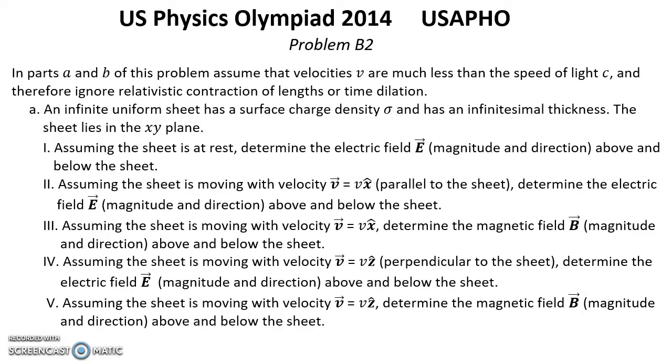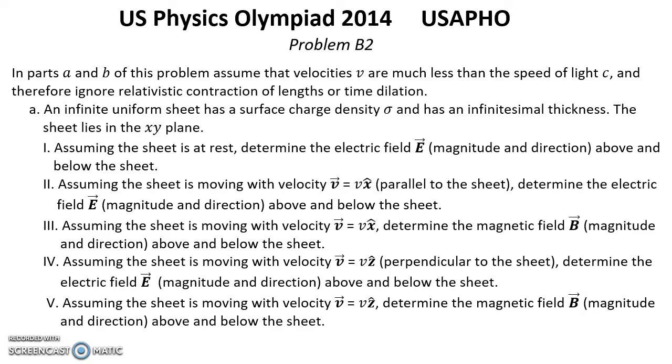Part A. An infinite uniform sheet has a surface charge density sigma and has infinitesimal thickness. The sheet lies in the xy plane.